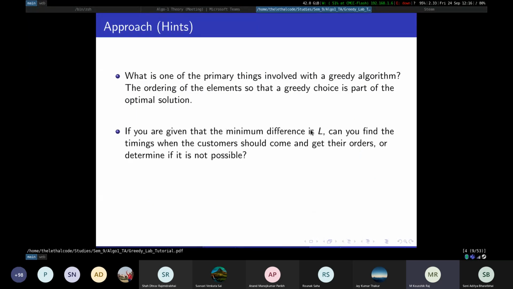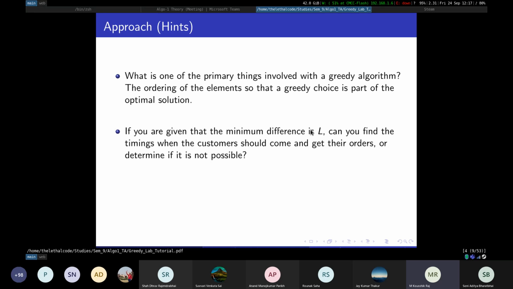After that, if you know that the answer is L, if someone has said that the answer is L, you'll have to try and get the timings for the customers to come and get the order, such that the minimum difference between any two consecutive customers is L. So you are given L, and you are asked to get the timings.